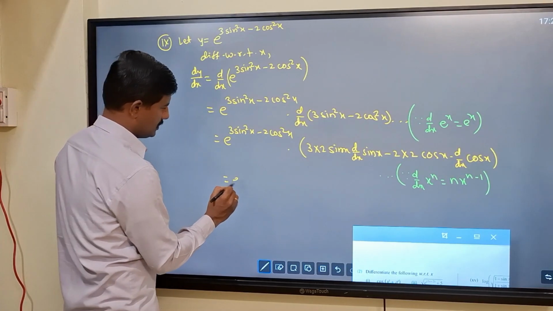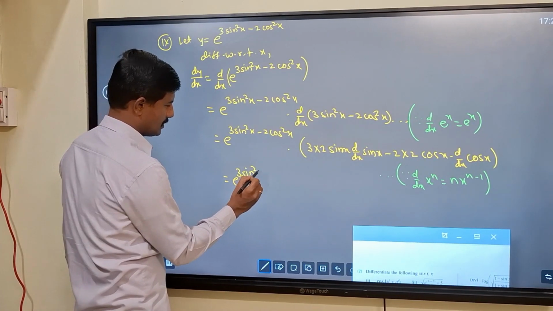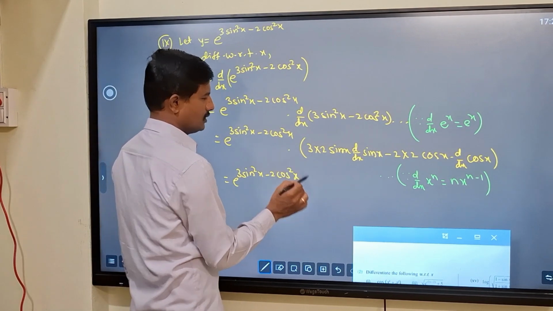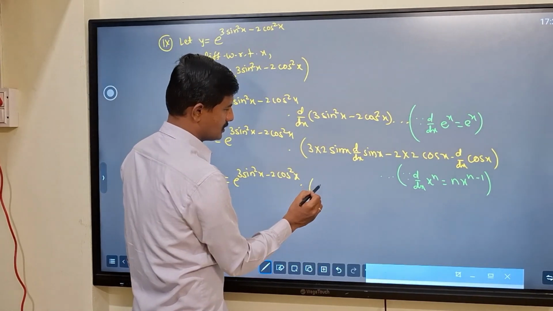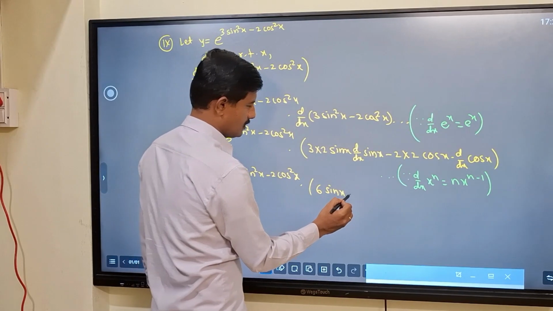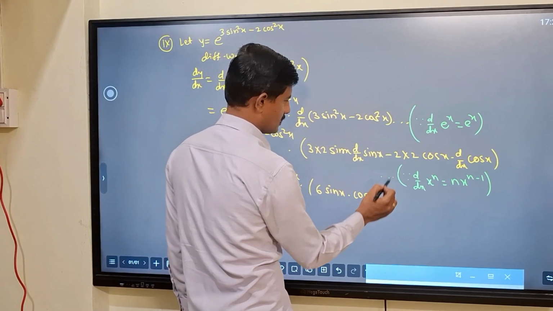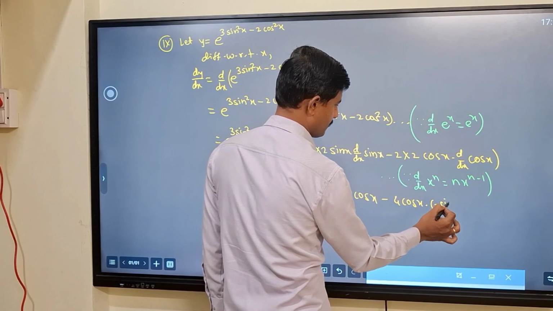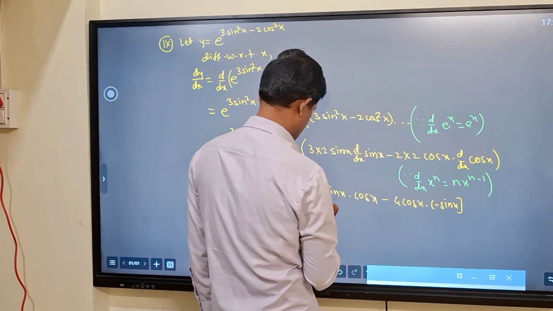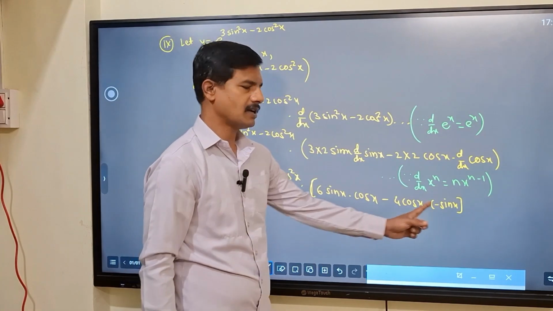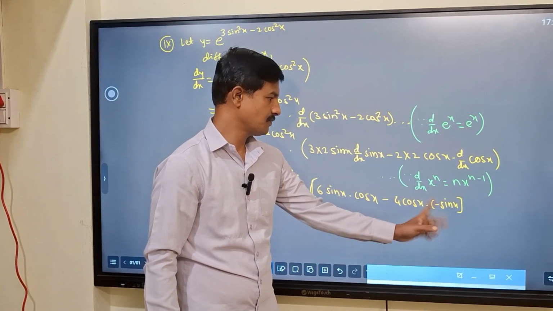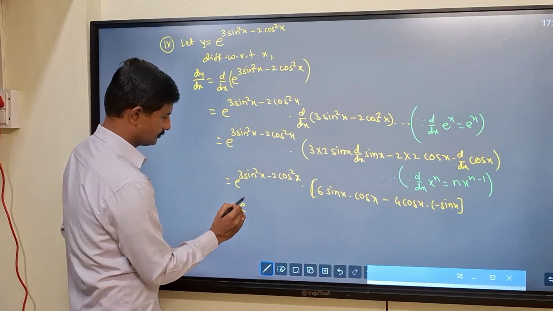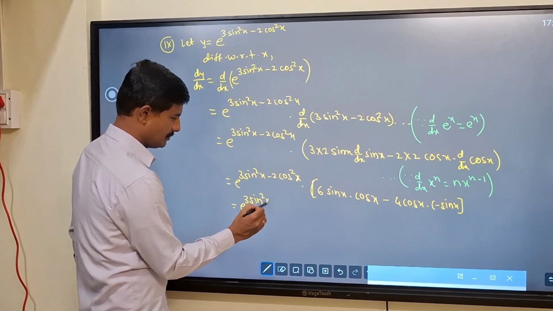Now this will become e raised to 3 sin square x minus 2 cos square x into 3 times 2 sin x into cos x minus 2 times 2 cos x into minus sin x. Now see, this minus minus will become plus 4 sin x into cos x. Almost that will become 10. But I will write down all the steps.